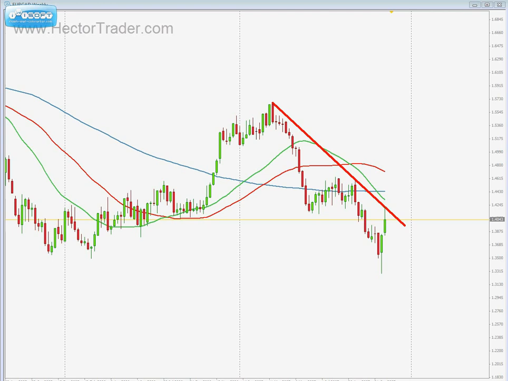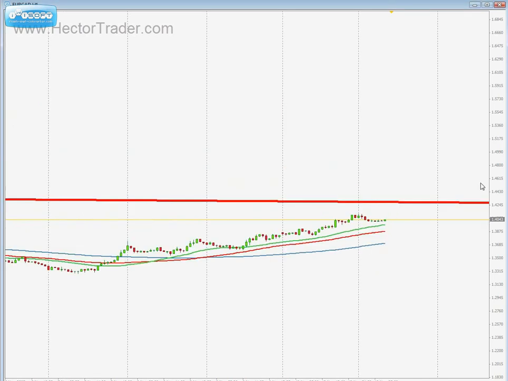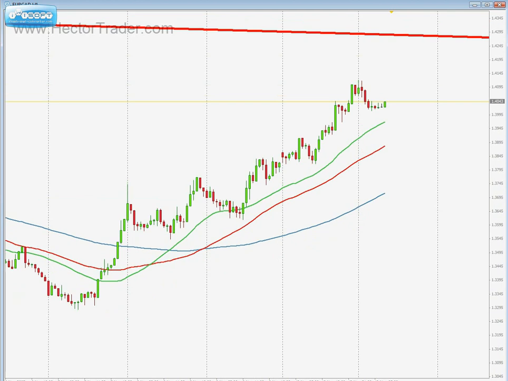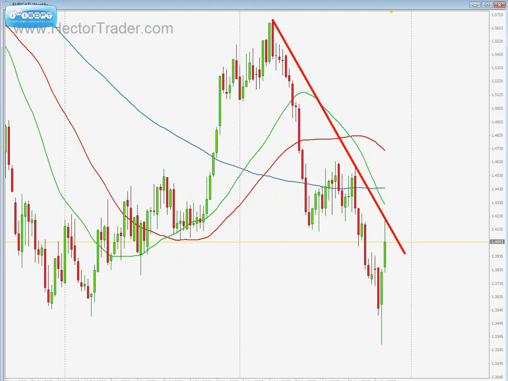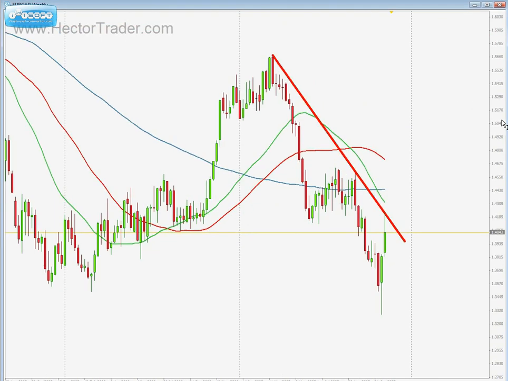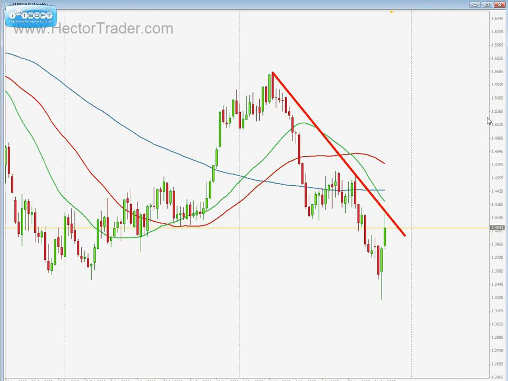We've just seen the hourly time frame of this currency pair, and now I'm going to show you the weekly chart. I just wanted to make clear, guys, that we are looking into the same currency pair, just on different time frames.